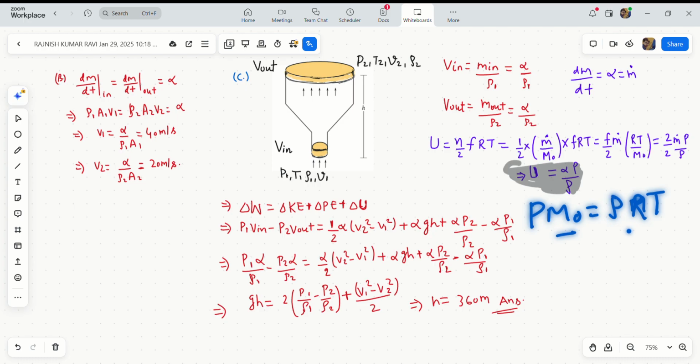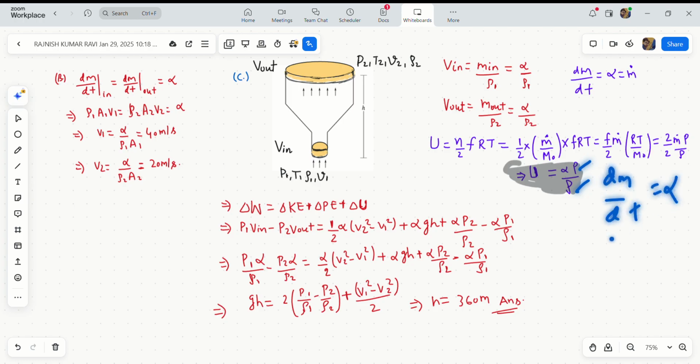So from this equation we can find the value of RT by m naught as P by rho. Substituting RT by m naught as P by rho, we can write the internal energy of the ideal gas as alpha P by rho. So here the internal energy of the gas is only in terms of pressure, density and dm by dt, that is alpha in the question.